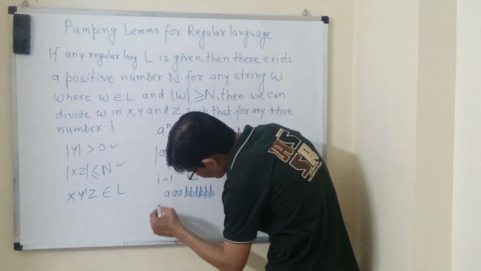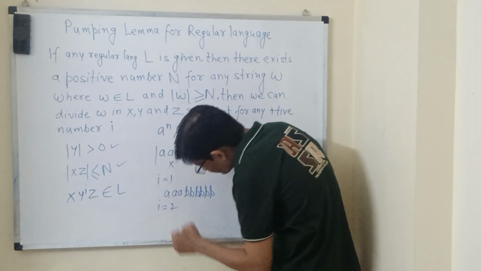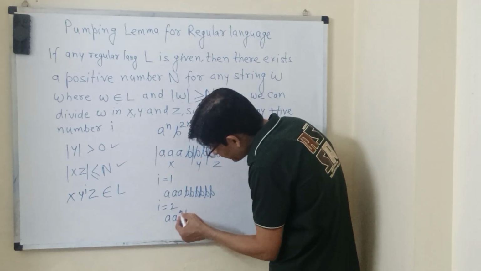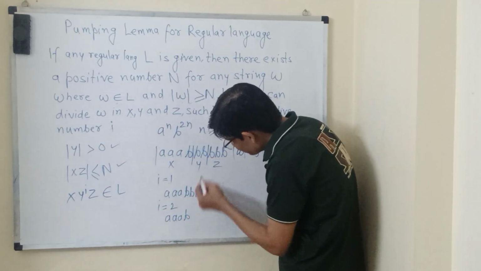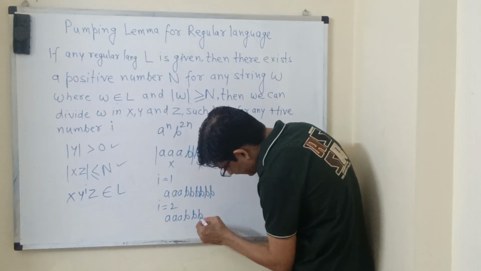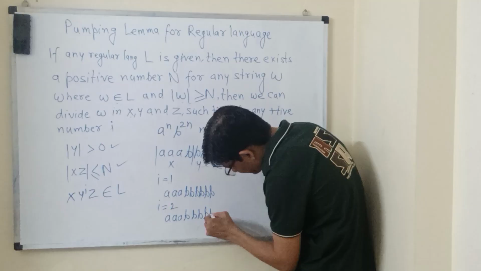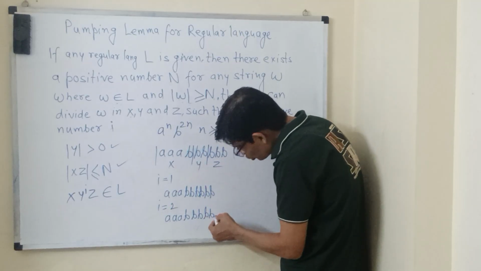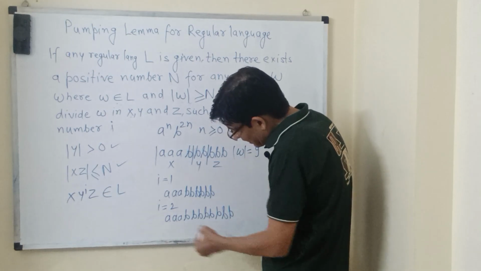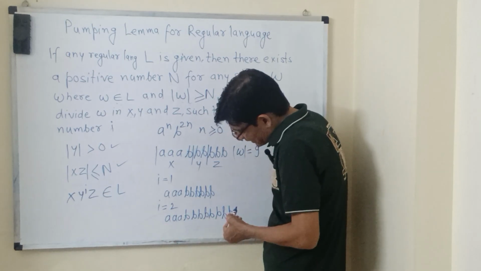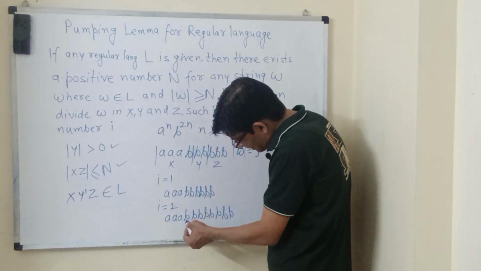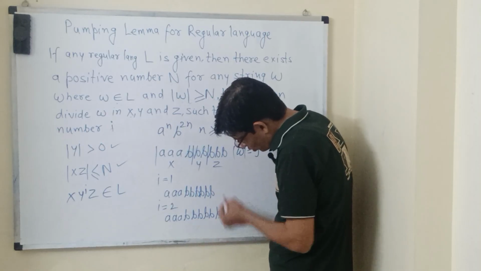Now for i equal to 2, the string would be A, A, A, B, B, B, B as X, then two occurrences of Y: B, B as one occurrence and B, B as the second occurrence, and then Z, B, B, B. Now you can check: the number of A's is 3 and the number of B's is 4 plus 4 plus 3, that is 11.